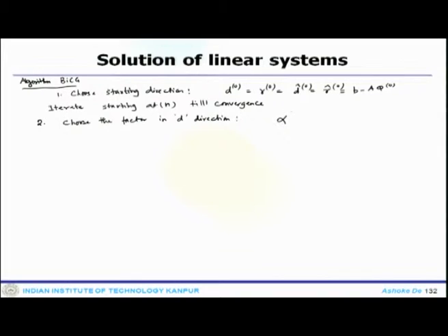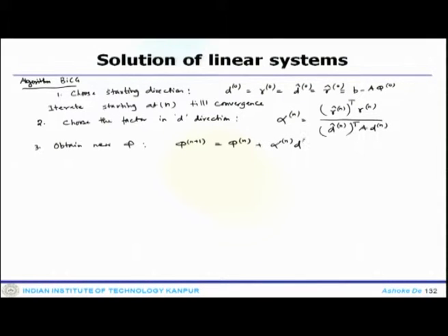So, alpha n would be now r hat n transpose r n divided by d hat n transpose A d n. Now, then you obtain new phi, like phi n plus 1 equals phi n plus alpha n d n.